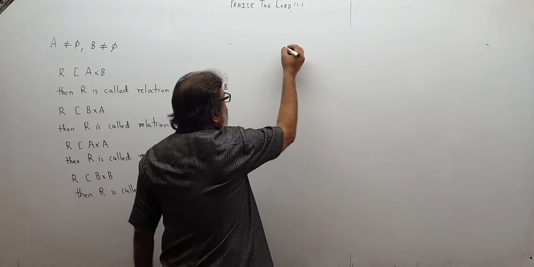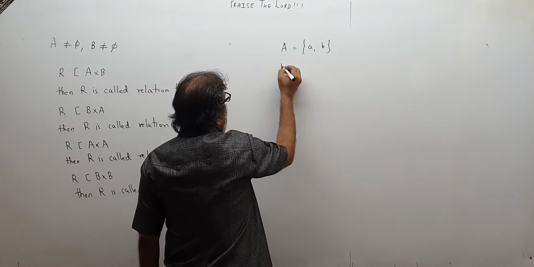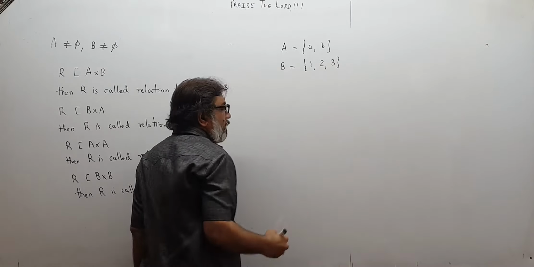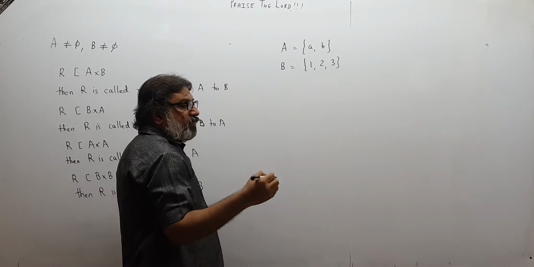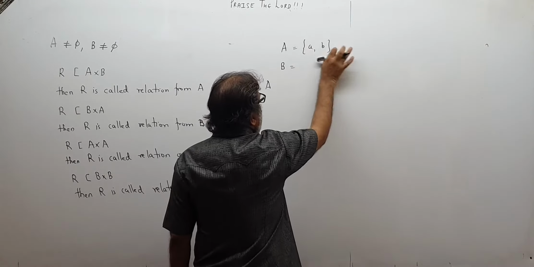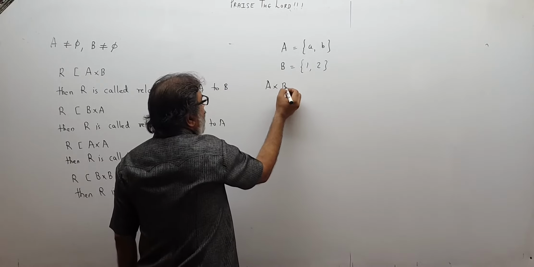Supposedly A is a set {a, b} and B is a set {1, 2}. What will be A cross B?